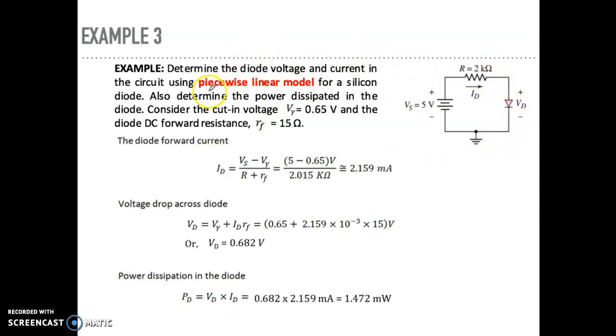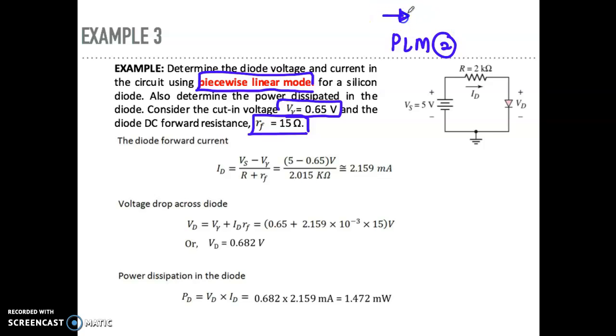What changes here is only the wording, piecewise linear model, and you are given V gamma, and you will also be given RF. So once there is an RF here, you know this one is piecewise linear model 2, where you're going to replace your diode with V gamma in series with RF.